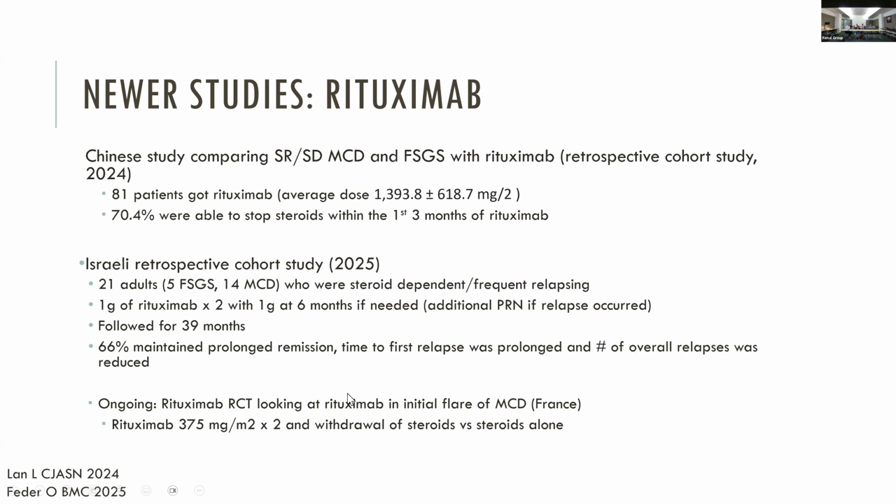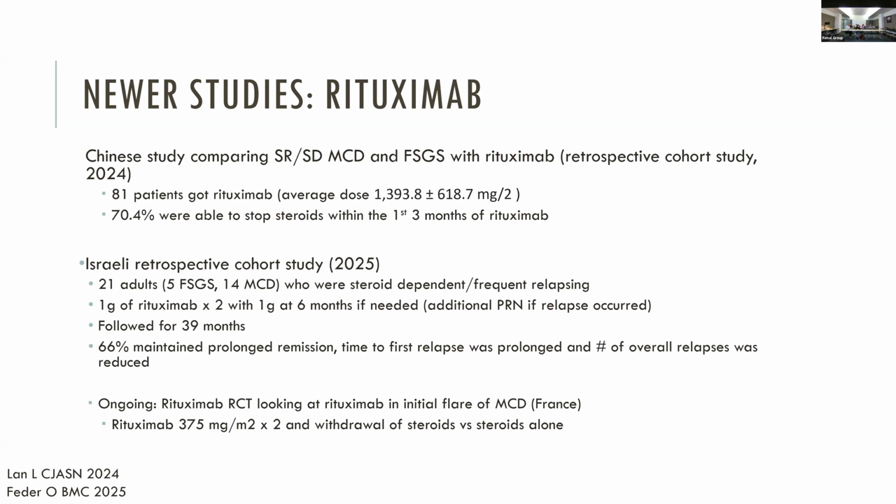I will say first off that there is a randomized controlled trial going on right now in France. It hasn't finalized yet. This is looking at people getting rituximab with their initial flare of minimal change, who haven't been treated before. They're on steroids, but it's a very shortened course of steroids versus steroids alone. I checked clinical trials and it's still pending.